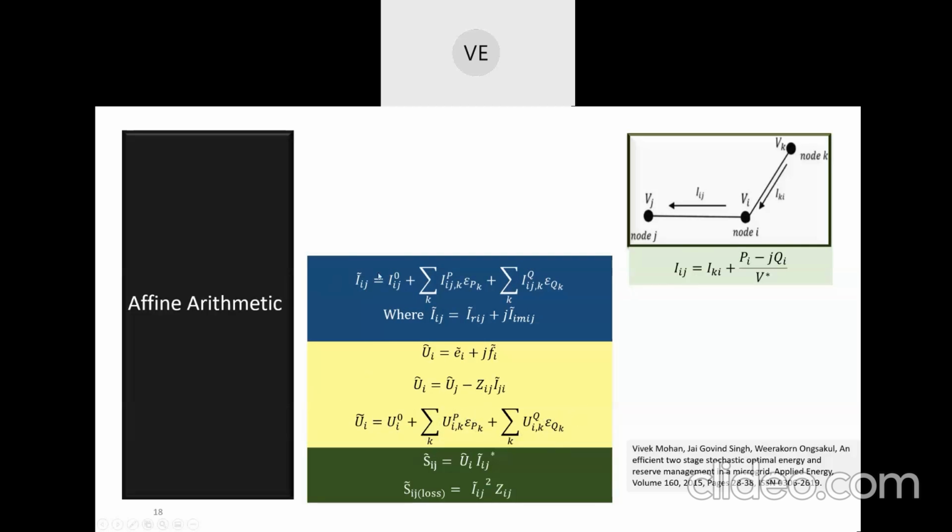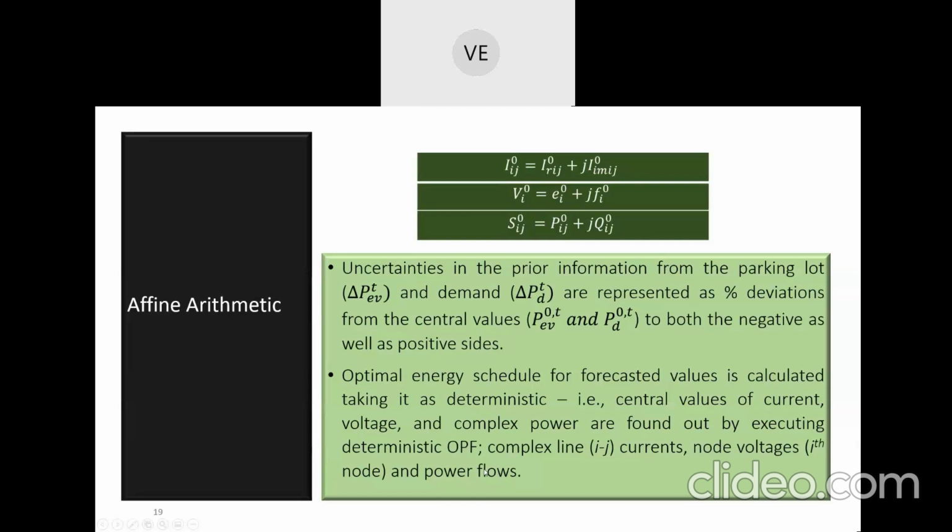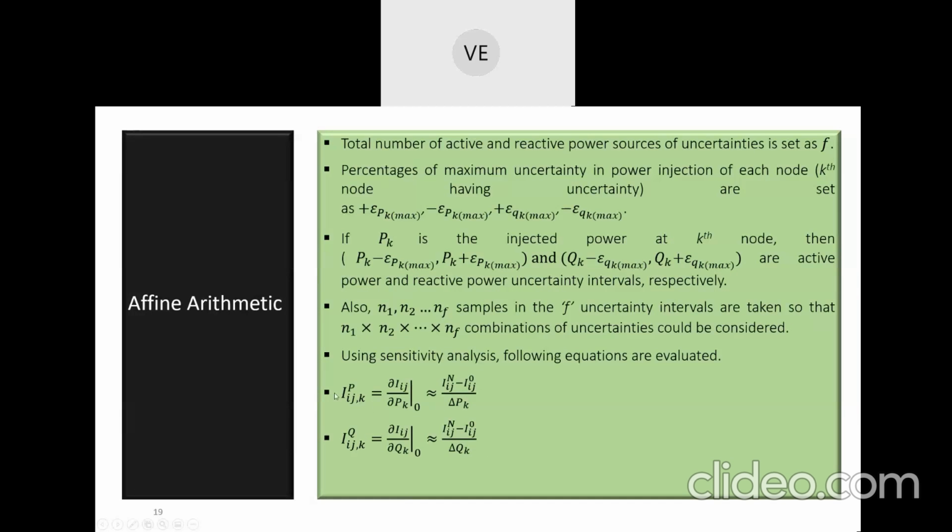So affine voltages, affine currents. So here both interval as well as sensitivities are incorporated into the load flow. So that will reflect on the complex power that is flowing and complex power loss, etc., everywhere. I'll emphasize these two terms only.